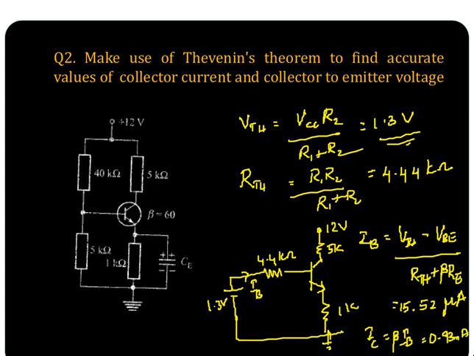Substitute and you will get it. So the collector to emitter voltage VCE will be VCC minus RC plus RE into IC. Or again you substitute the values, you will get it as 6.42 volt.